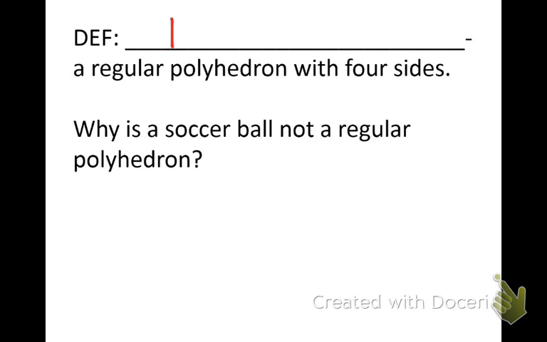Tetrahedron. A tetrahedron is a regular polyhedron with 4 sides. It says, why is a soccer ball not a regular polyhedron? Why? Any soccer players in here? Why isn't a soccer ball a regular polyhedron?